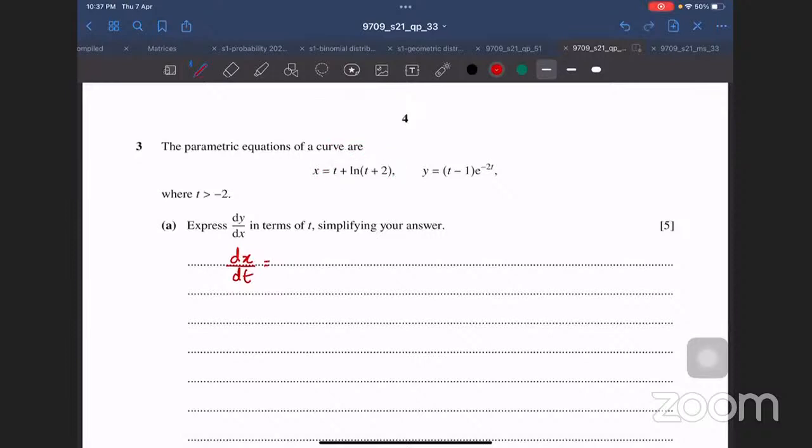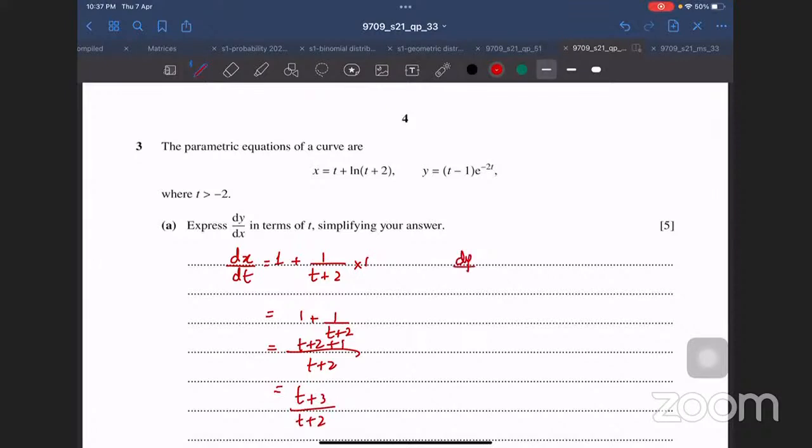Differentiating this expression gives me 1 plus 1 over (t plus 2) into 1. And so this becomes 1 plus 1 over t plus 2. I can simplify this. I will possibly need to do that later on, so I'm just going to do it right now. This is (t plus 3) over (t plus 2).